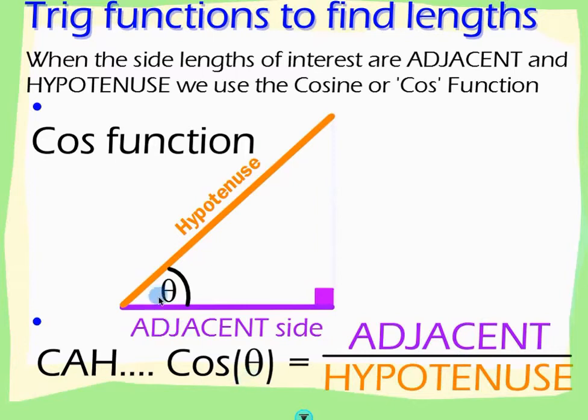So for the cos of this angle, say this angle was 45 degrees, we would put cos of 45, press equals, and that would give us a number, and that number would be equal to how long the adjacent side is compared to how long the hypotenuse is. And if we know either one or the other, we can find the one that we don't know.